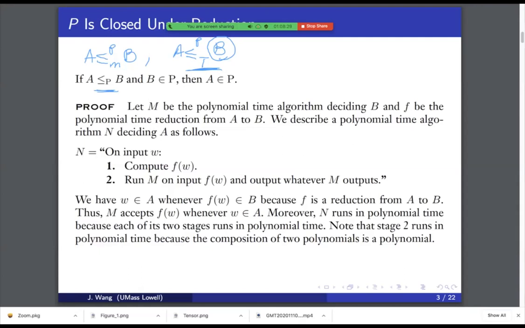If B has a polynomial time bound, and the reduction can be computed in polynomial time, and the composition of two polynomials is a polynomial, then if B is in P, A is also in P. That is not hard. You should be able to do this yourself, otherwise you can check the book. There isn't anything challenging here.